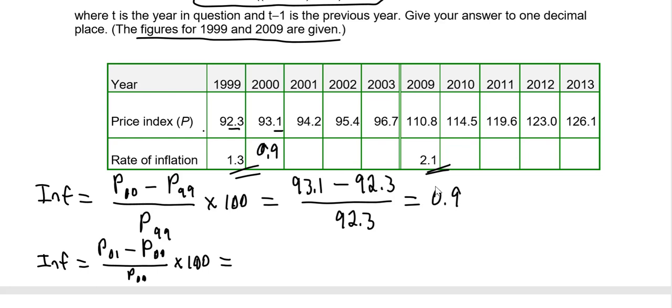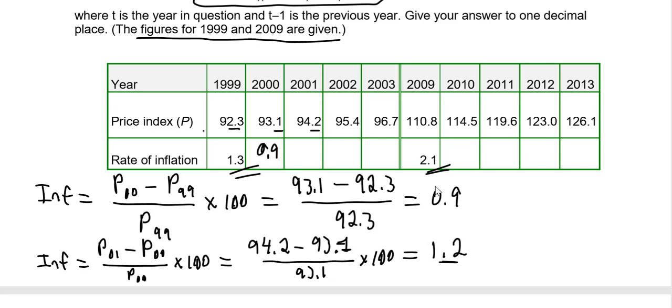When I say price, I'm referring to the price level, which is the CPI index. Minus the previous year's 93.1, over 93.1, times 100. This gives us something like 1.1, but rounding up to the next whole number, that's 1.2.